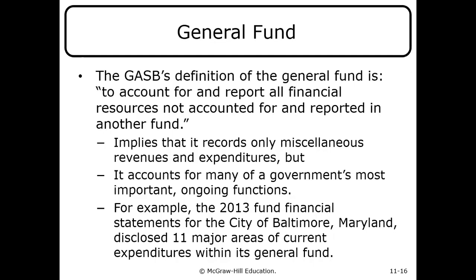The city of Baltimore, Maryland, there it is. And here are their 11 major areas for the city of Baltimore. General government, public safety and regulation, conservation of health, social services, education, public library. So these are all the types of expenditures. So they're from different activities. They come out of their general fund, and that's where they do the accounting for them.